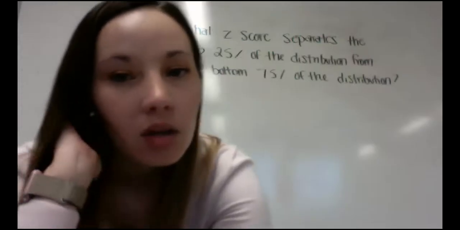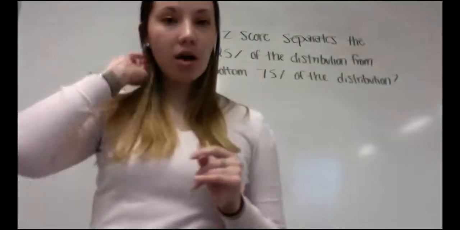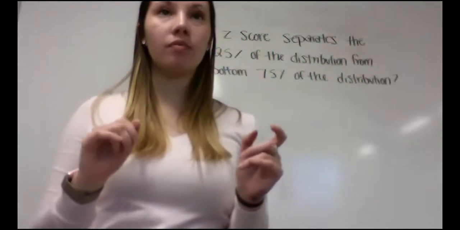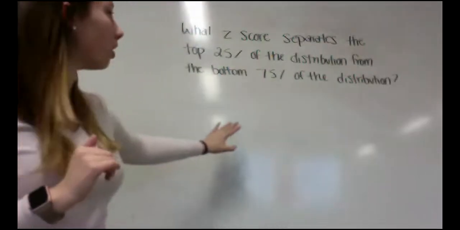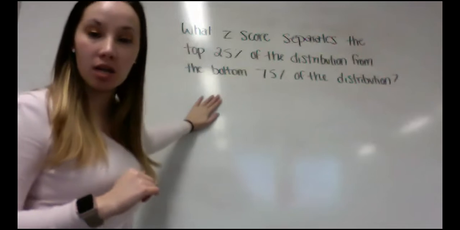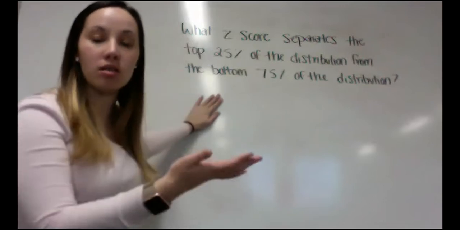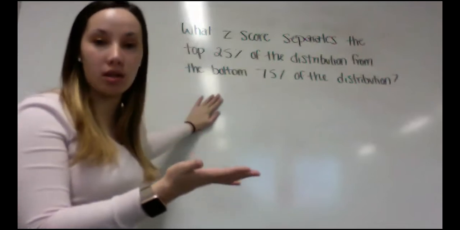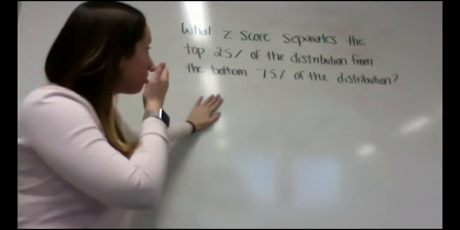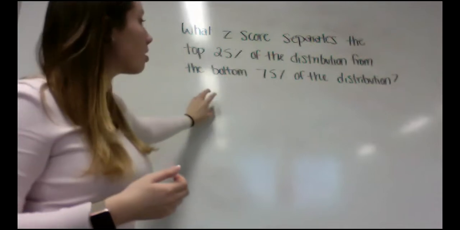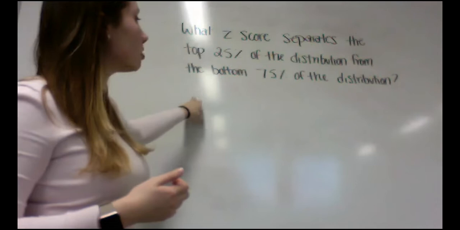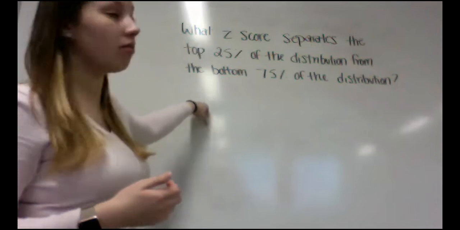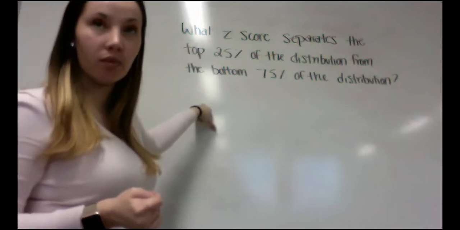Okay, so the last one that we're going to talk about is how we do a problem like this, where we are given percentages and we're asked to then go to the z-table to find what z-score is associated with a given percentage. So this asks us what z-score separates the top 25% of the distribution from the bottom 75% of the distribution.